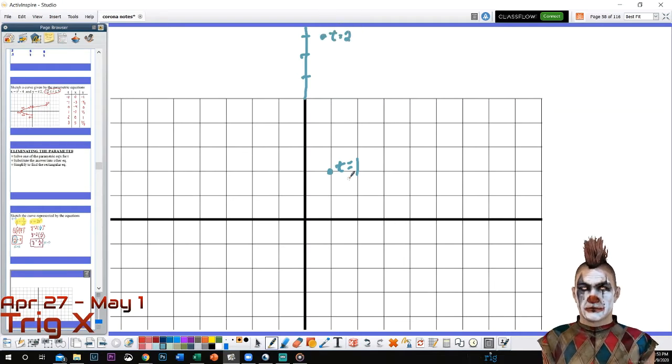So this makes it kind of difficult to figure out if we're just doing parametric, but if you graphed it, you saw that it's going to do something like this.